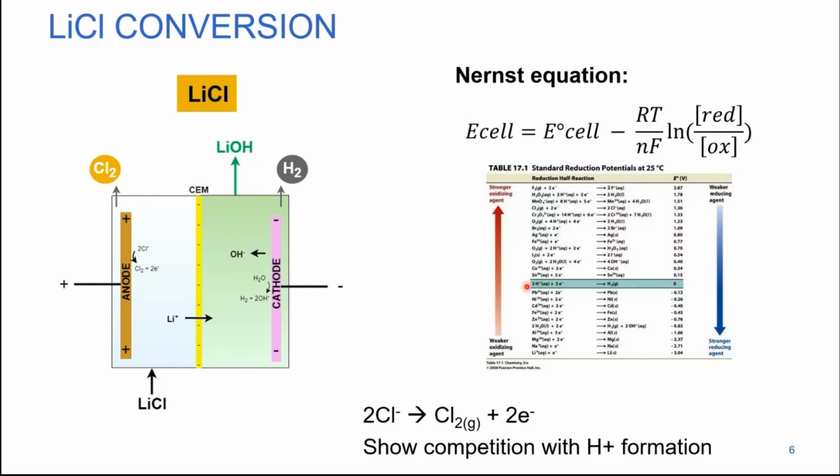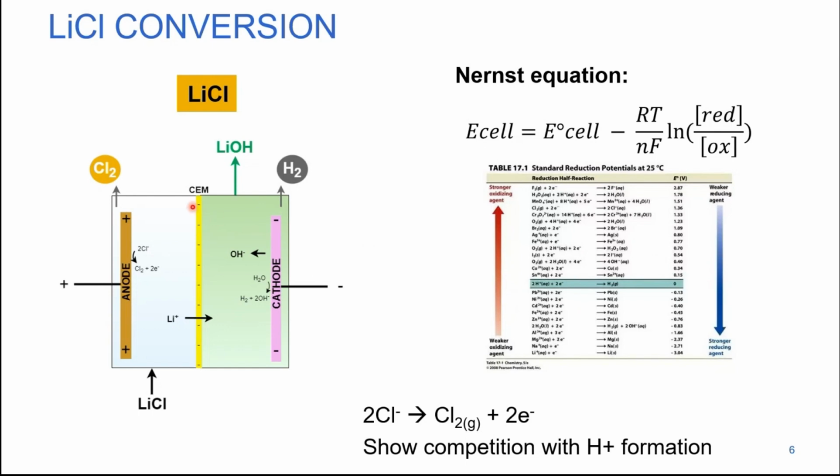Well, that's because if you look in the standard reduction potential table, what you will see is that chlorine gas evolution and oxygen evolution are super close to each other in this table. So that means that energetically both could be happening. But in these type of configurations, what you will do is you will take a ruthenium mixed metal oxide anode, which is a titanium electrode coated with a ruthenium layer, and this ruthenium layer is super selective towards the oxidation of chloride into chlorine gas.